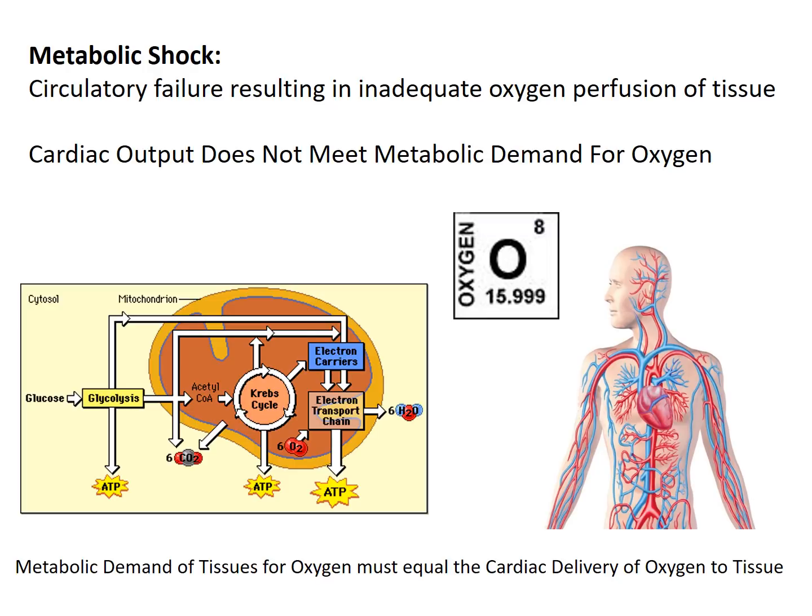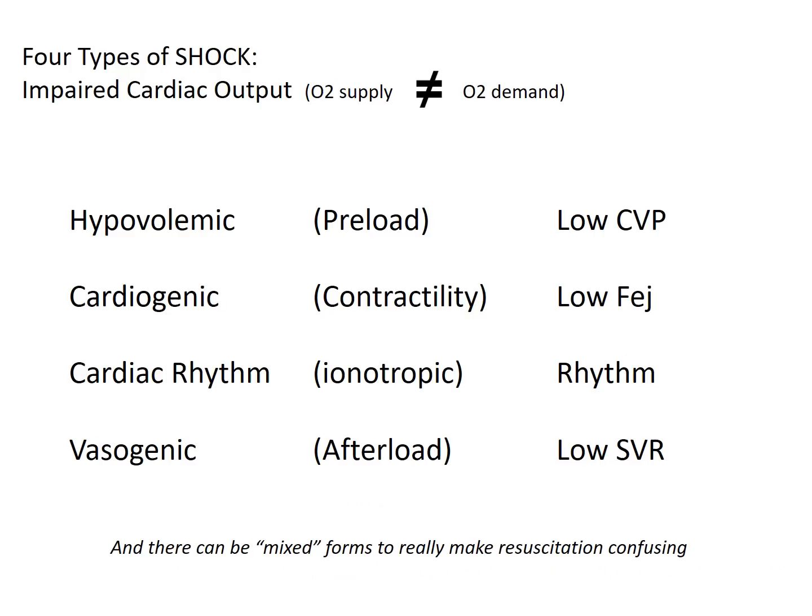Our tissue always has a metabolic demand for oxygen, and that metabolic demand must be met by cardiac delivery of oxygen to tissue. When we're unable to meet that metabolic demand, we are then in a state of metabolic shock. So metabolic shock is cardiac output not supplying enough O2 for the oxygen demand.